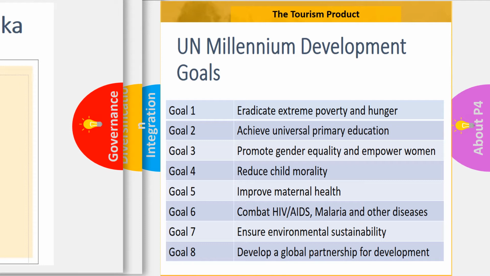So again, we can see they are linking in as well and having an impact in terms of the social and environmental side, in terms of focusing on areas that we should be thinking about as regards sustainability with increased visitors to that area.